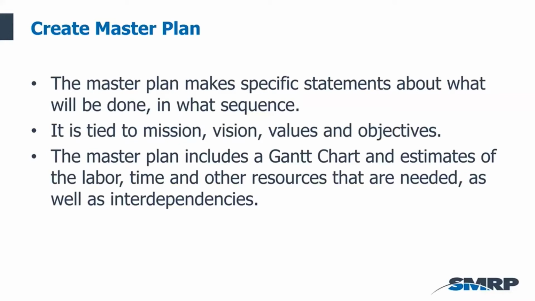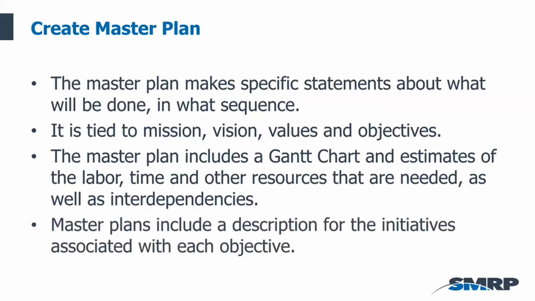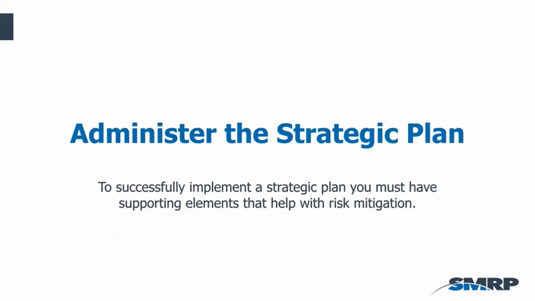The master plan should include a Gantt chart and estimates of the labor, time, and other resources that are going to be needed, as well as any interdependencies, such as needing operations or support or engineering or capital projects to help us with some of these objectives. Master plans should include a description of the initiatives associated with each objective.